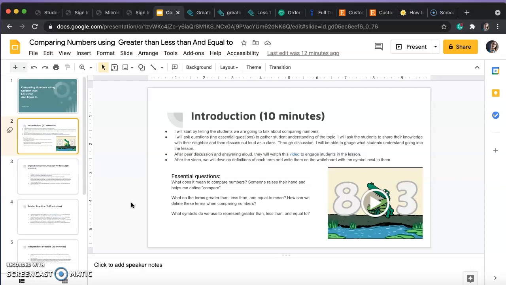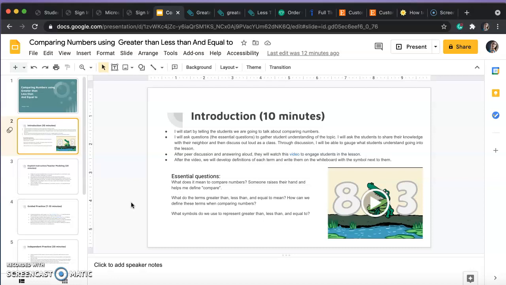So, for my introduction for the lesson, I'm going to do it for about 10 minutes. I'm going to start by telling the students what we're talking about, which is comparing numbers. And I'm going to ask essential questions to gather what the students actually understand prior to teaching it.